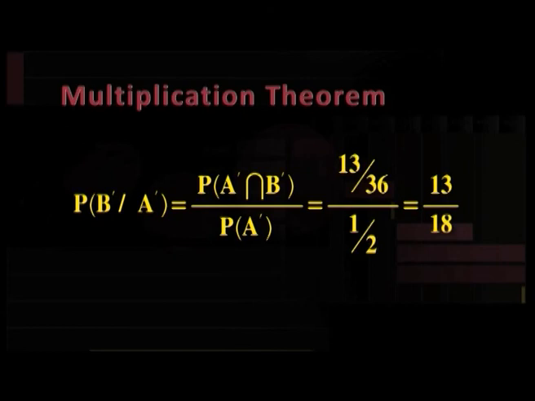In the fourth case, we have the probability of B complement given A complement, which is equal to the probability of A complement intersection B complement divided by the probability of A complement, which is equal to 13 divided by 36 divided by 1 by 2, which is equal to 13 divided by 18.